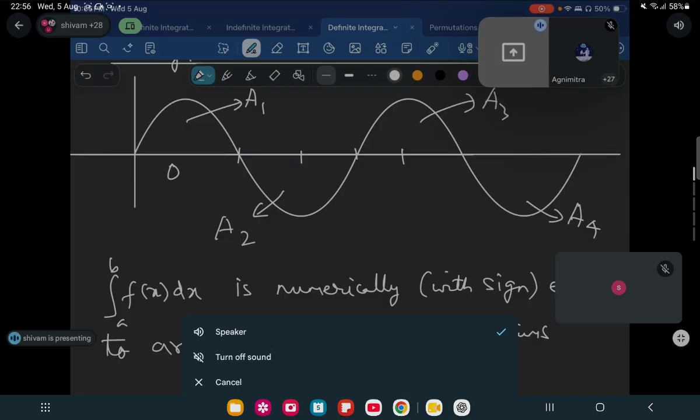Curved trapeziums bounded by the curve, the straight lines x equal to A and x equal to B, and the x-axis.